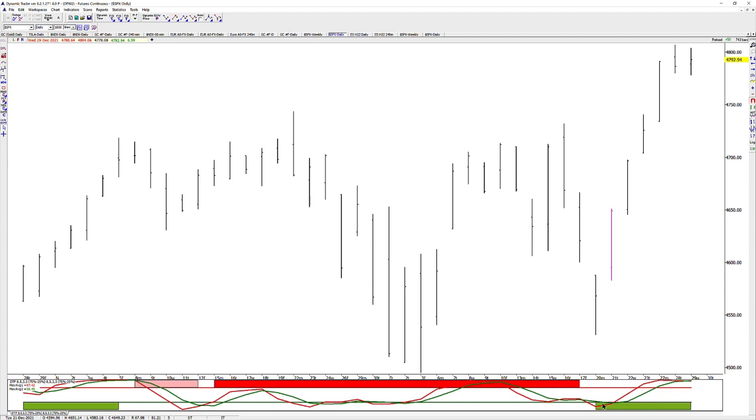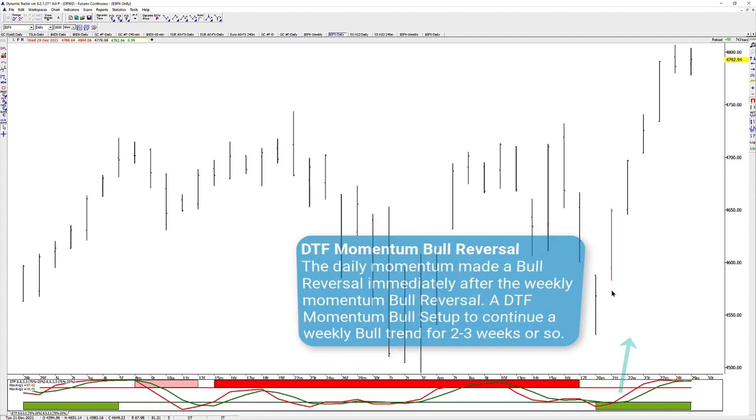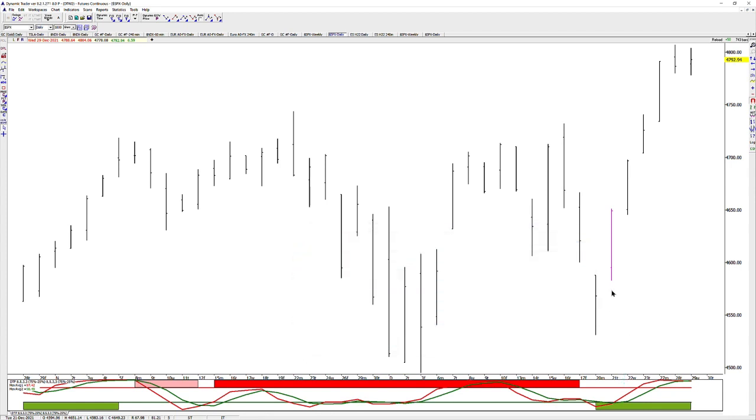And this was also the first bar following the bull reversal on the weekly. So that's probably the beginning of a two to four week bull trend. And the daily momentum made a bull reversal, again just one day off the low. What a great setup on the long side. So all the dual time frame momentum setups aren't perfect, but this is just so visually we can follow it.